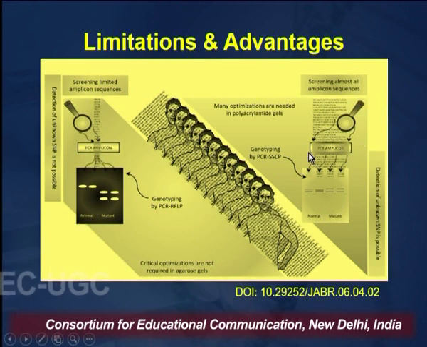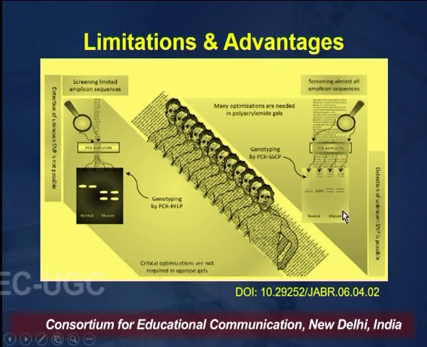But if we consider SSCP, no prior information needs to be known for the single strand conformation. All you need is the DNA, the gene of interest amplicon, and you just need to melt it and create the conformations under optimal conditions, so they will fold into different conformations. So a large number of amplicons can be analyzed by the SSCP method.